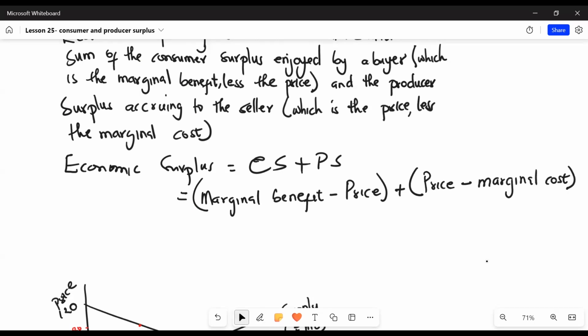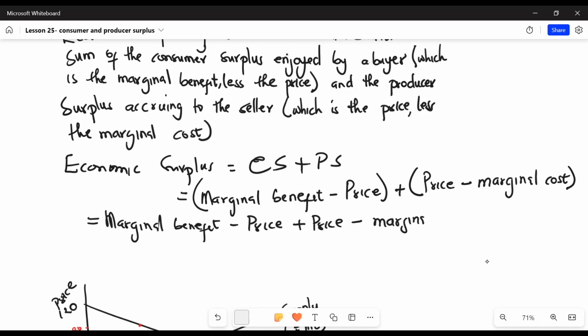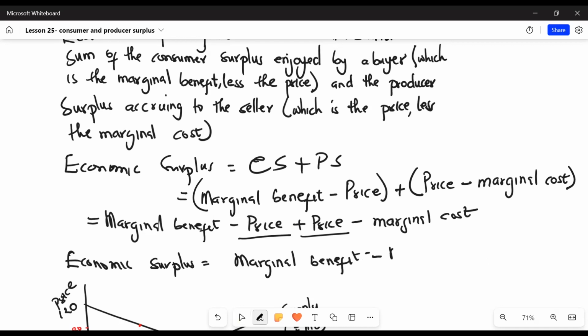Now if we open up these brackets, we can rewrite this formula as marginal benefits minus price plus price minus marginal cost. But then the two prices can cancel out. So this leaves us with the formula for economic surplus as marginal benefit minus marginal cost.